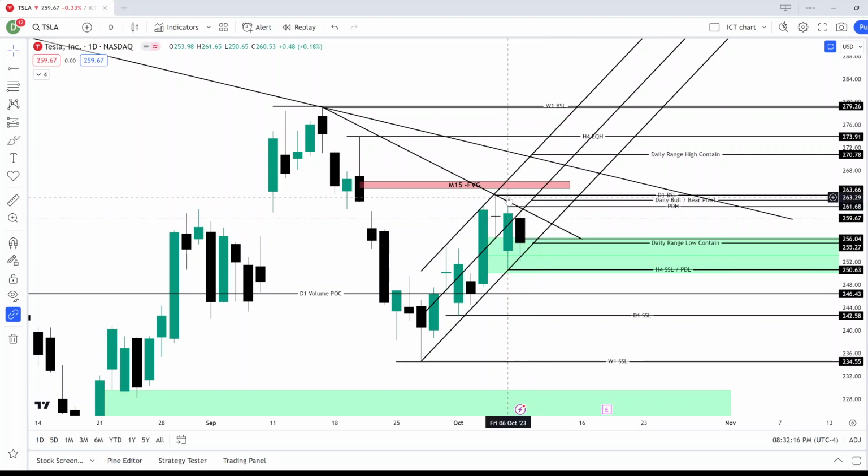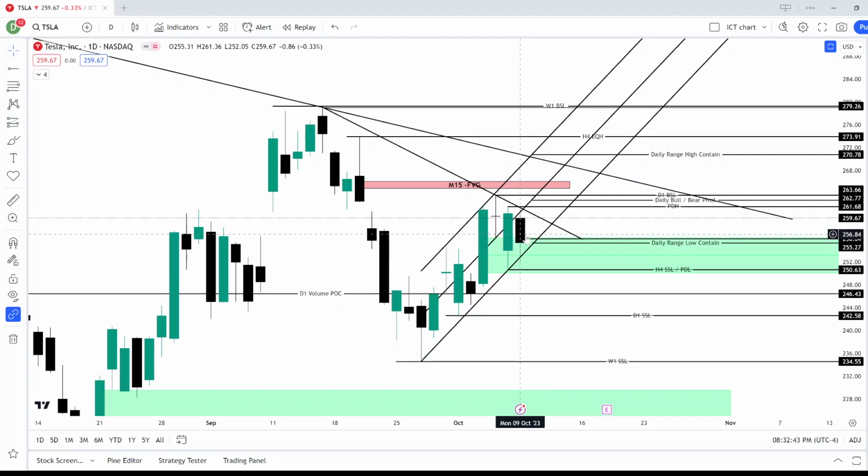Okay, and we also have a daily buy side liquidity that was found in last Thursday's wick. Okay, and at the very top of this entire wick, which we've drawn on twice this week, on Friday and today, we've drawn on the liquidity in this wick, and we have not gotten all the way up to the top. So I do anticipate we're going to try to make a run for that liquidity and for this fair value gap. It would still be respecting this bullish channel if we made that move.